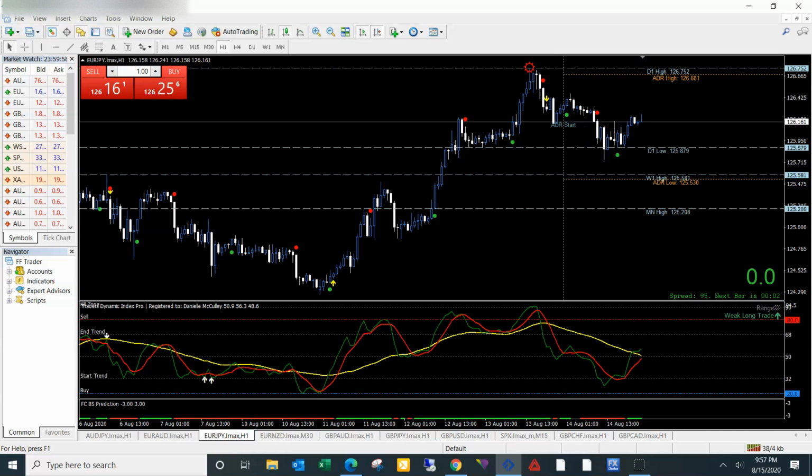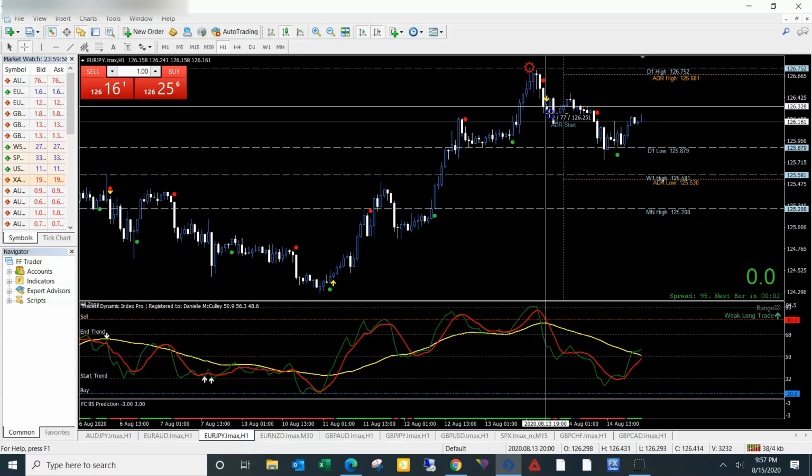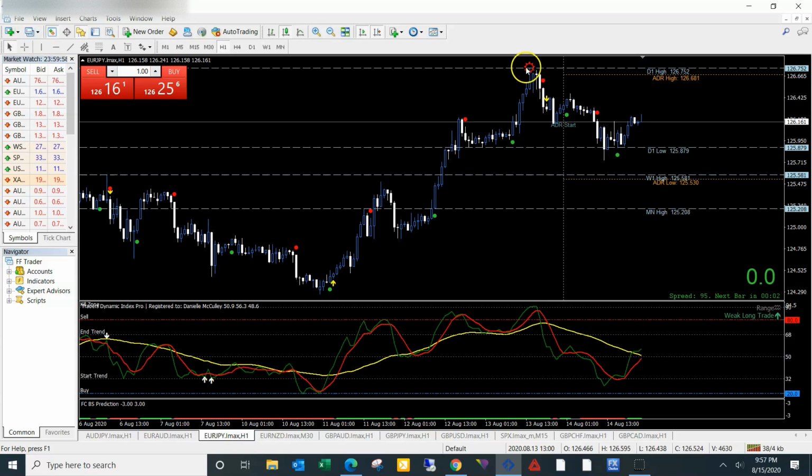Or if you don't mind the drawdown, you can enter here. The drawdown is only 11 pips, or, well, maybe 15 pips. And you still can take it down for 50 pips or whatever. So that's what you're looking for.